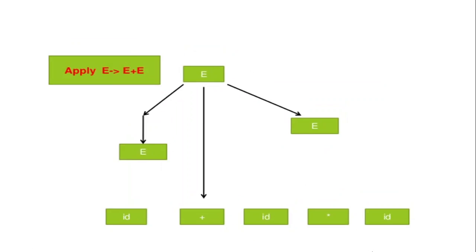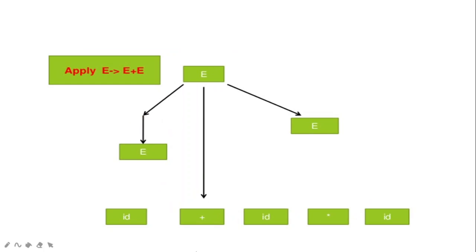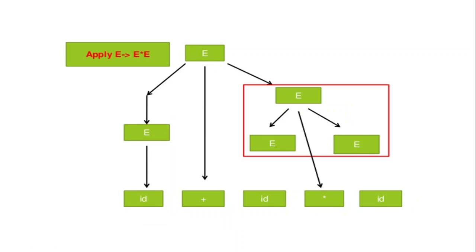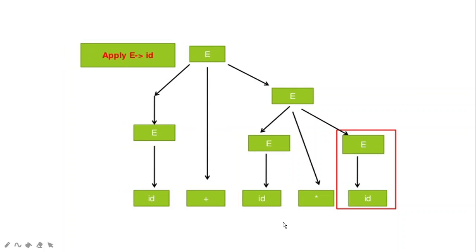Then next, there is an id, it will connect E with id, then again apply the production rule, then E star E. The E will connect with the E star E, and then E will connect with the E id.